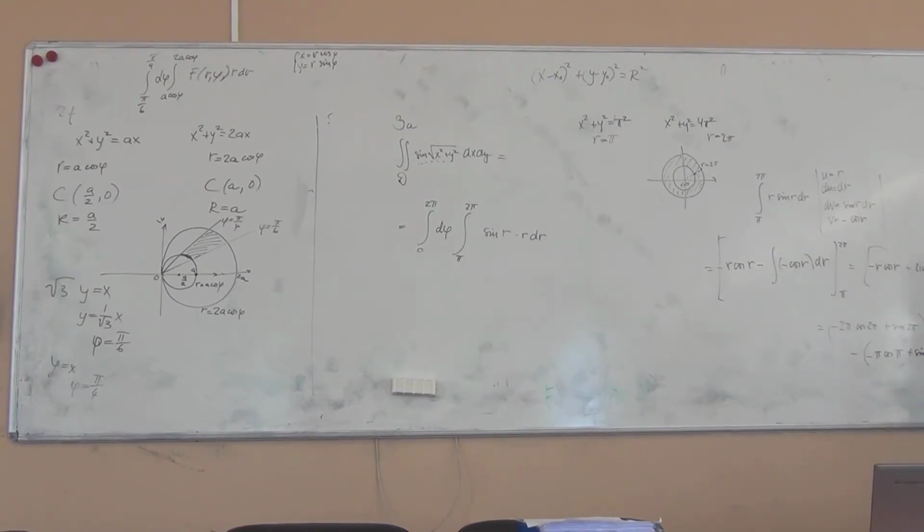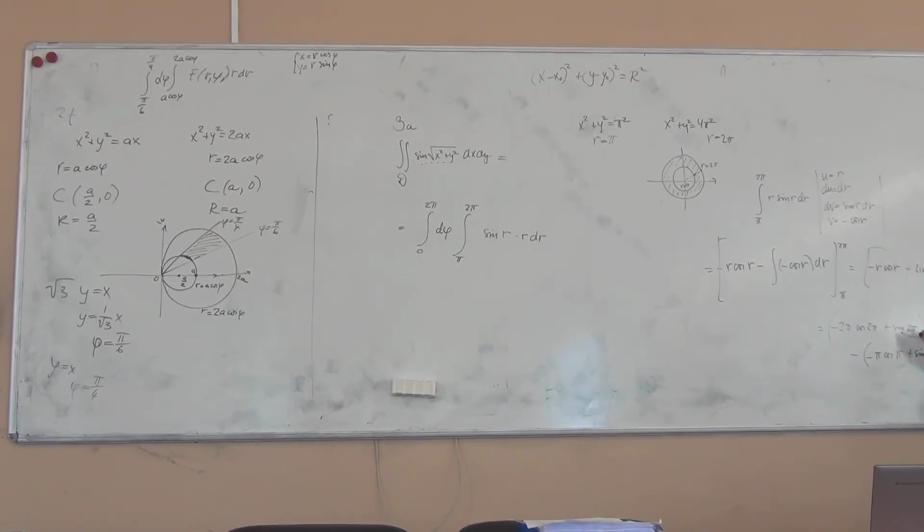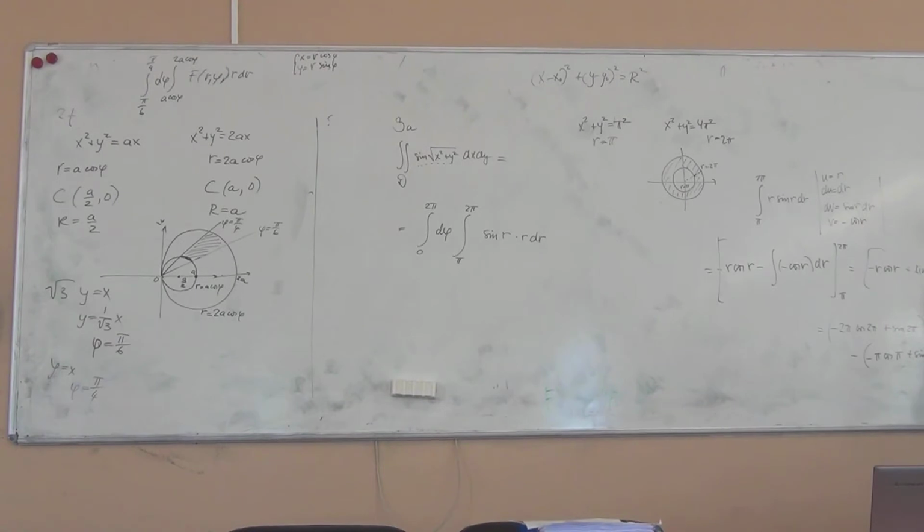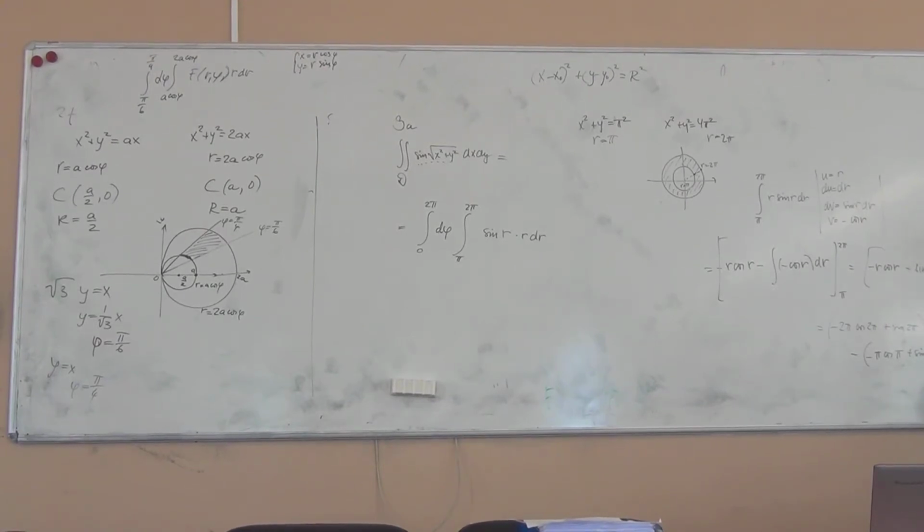I'm simply putting in the boundaries, I'm not doing any calculations yet. But now, sine of 2 pi, sine of pi, what are these? That's 0. If you remember the trigonometric circle, sine of pi and sine of 2 pi are both 0.